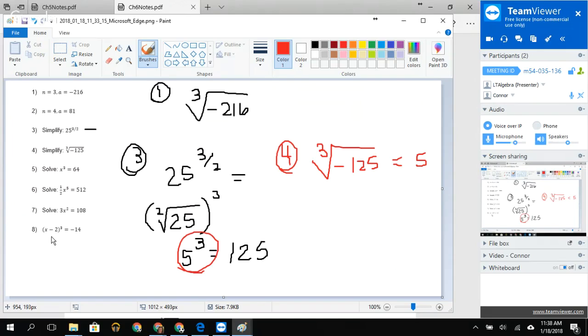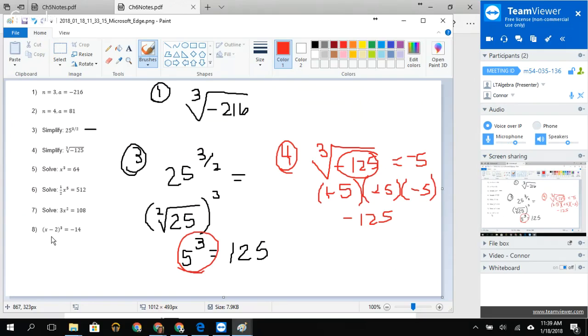Yeah, it's negative 5. And Connor, it's negative 5, right? Because to get negative 125 inside my radical, I have to do negative 5 times negative 5 times negative 5. These two are going to become positive, but then I'm going to end up with my negative 125. Let's talk ourselves into that. That sounds good. No, I think that is the correct answer. It's negative 5.